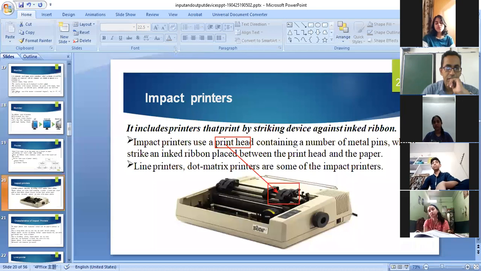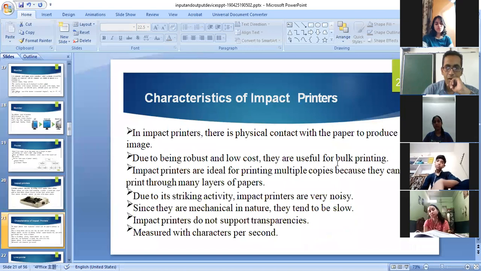Moving next. Characteristics of impact printer. In an impact printer, there is physical contact with the paper.